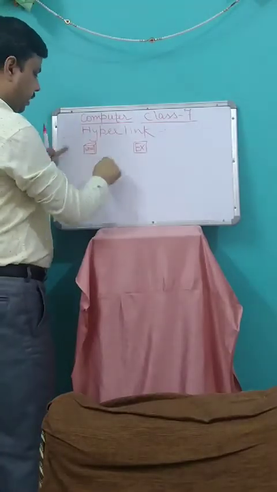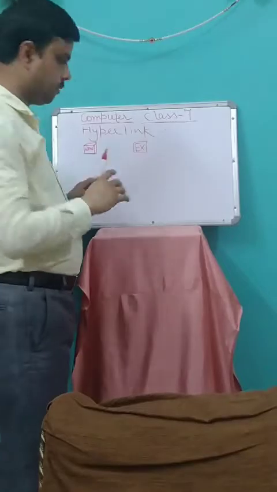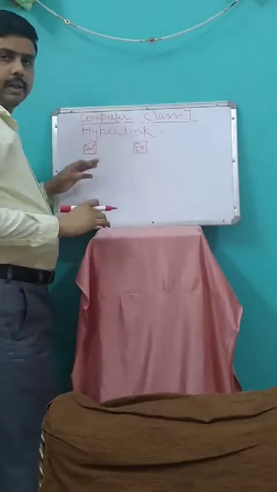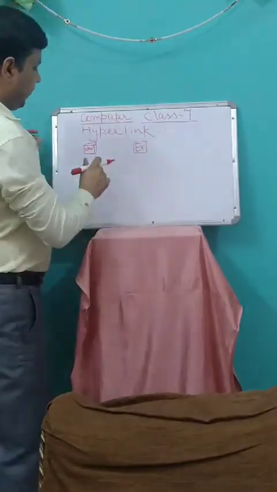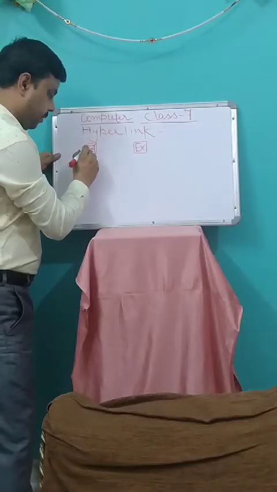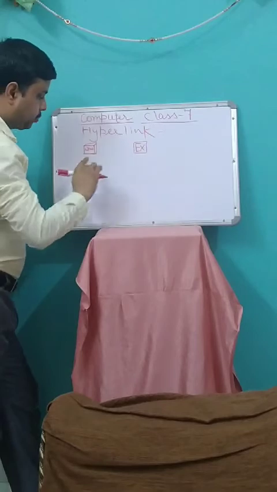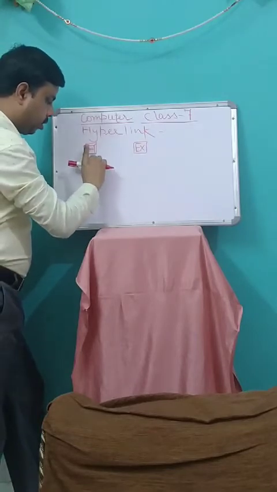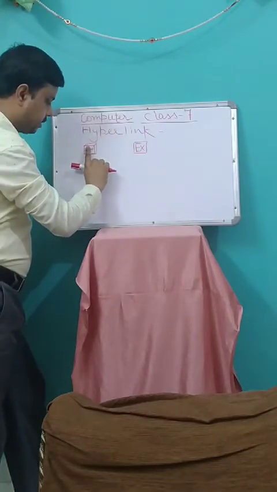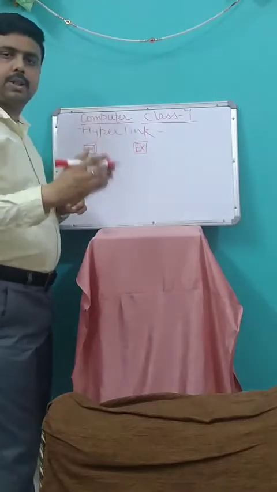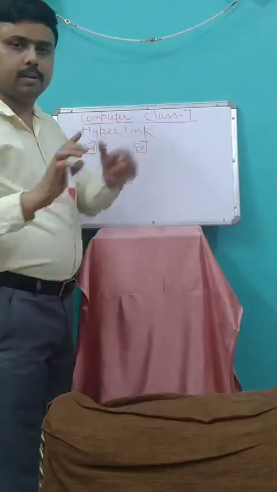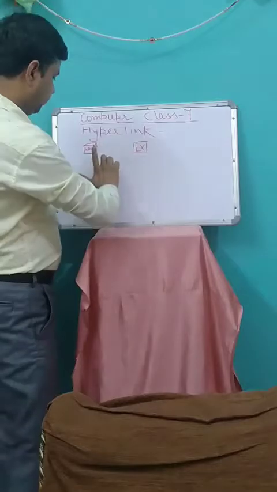When we are working in MS Word file, means open MS Word and type any word or text, we can make hyperlink. When we move our mouse pointer over the text, our mouse pointer is changed with hand symbol. Which symbol? Hand symbol.